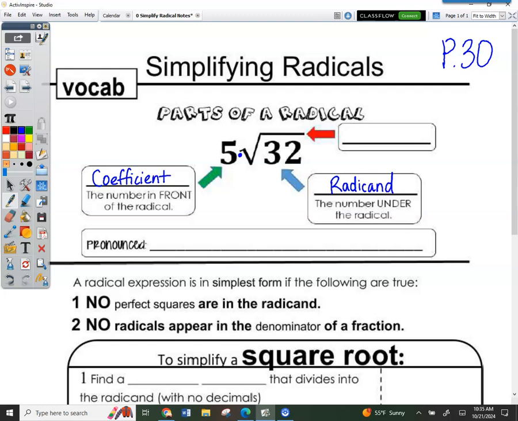Radicand is the number underneath the square root or the radical. Radical refers to like the whole thing. This is the square root of 32. So this is your radical, the whole thing. This 5 square root 32 is our radical here, okay?